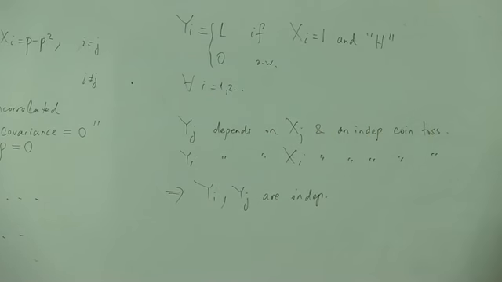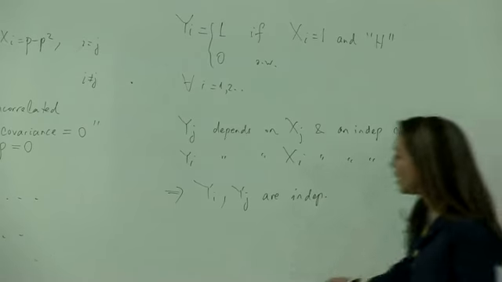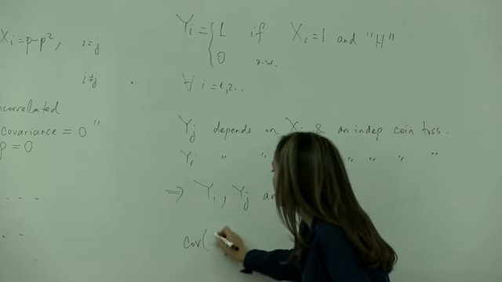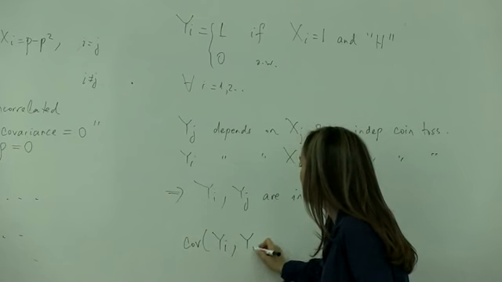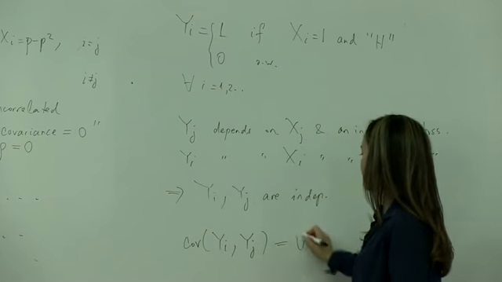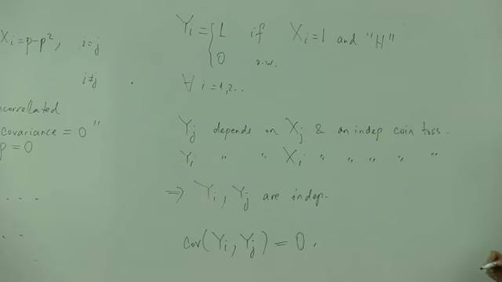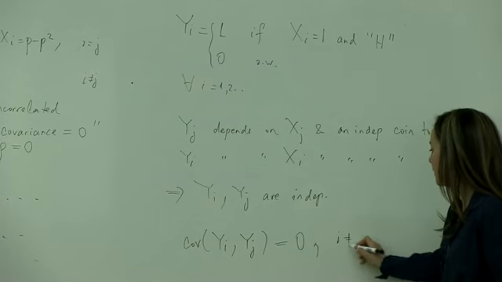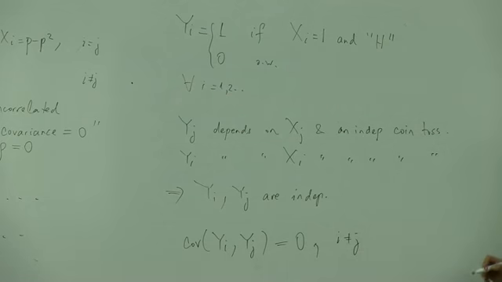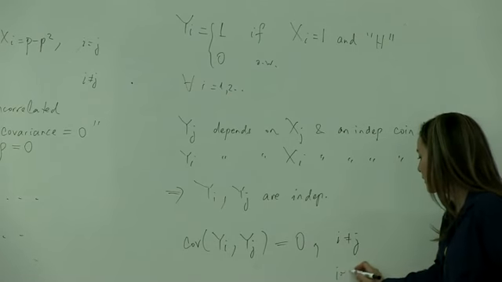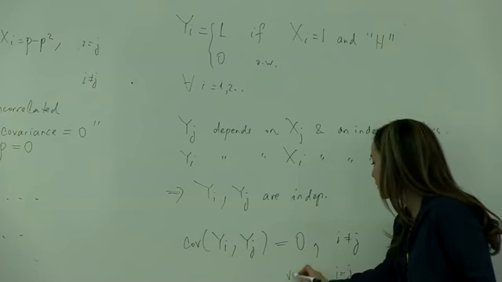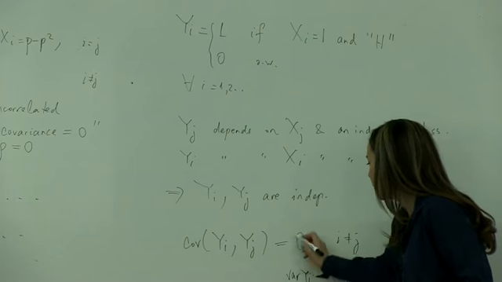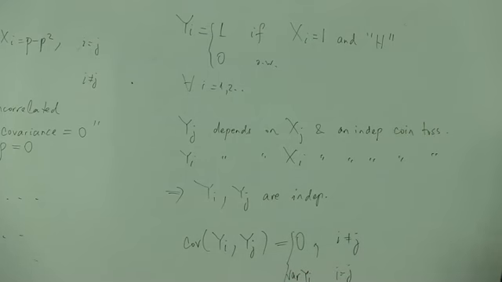Okay, any problem here? So automatically we get that the covariance of yi and yj is 0, if i is not equal to j, that is. If i is equal to j, it's equal to the variance of yi, which we now need to compute.